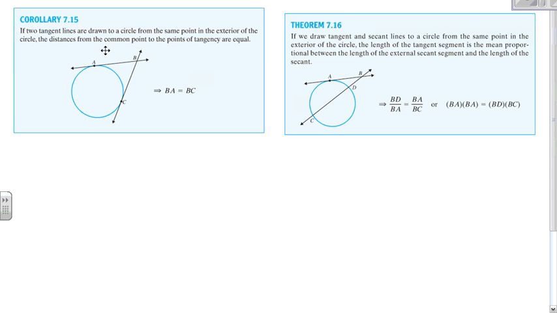Here's another property related to segment lengths. Two tangents that intersect each other outside the circle: the length from the point of tangency to their point of intersection is equal. The two tangent segments are congruent.